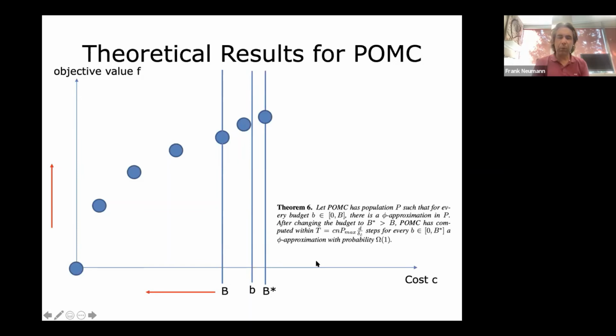But in principle, what it says is that this multi-objective approach caters for dynamic changes in terms of it would solve your problem and improve the solutions over time for all the budgets below that. And if you then extend your budget, you would also compute good solutions for larger budgets.